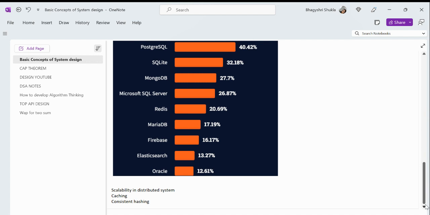ACID is an abbreviation of atomicity, consistency, isolation, and durability. These four concepts come under this, and BASE is basically available, soft state, eventual consistency. So these two key concepts come under the database.